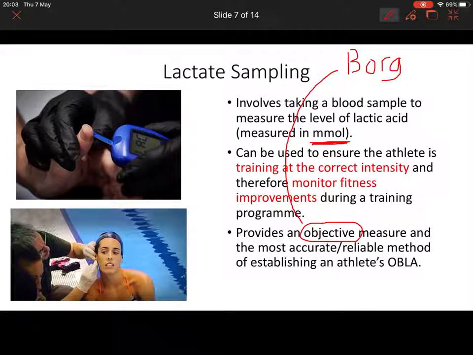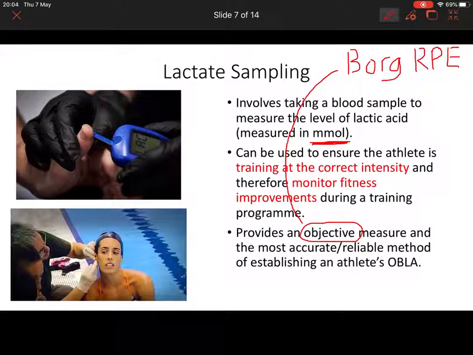The Borg scale is a rating of perceived exertion, or RPE scale for short. Most sports science laboratories will literally have a poster, and it might range from 1 to 10 or 7 to 20, but basically at each number there will be a word associated with how hard you are finding the exercise. The ones that I used to use would range from 6 to 20. Why it starts at 6, I had no idea, but it was 6 to 20.